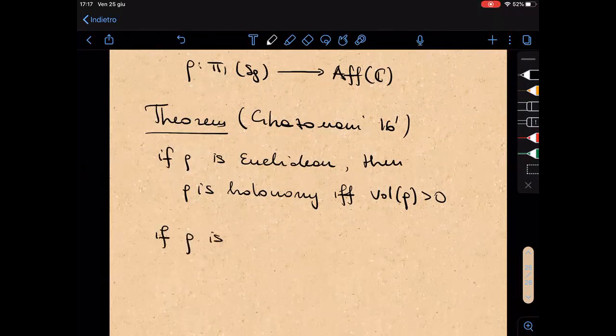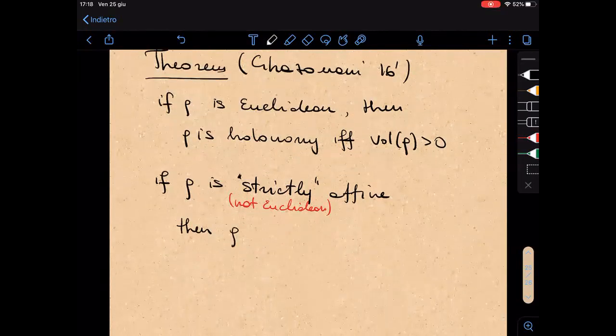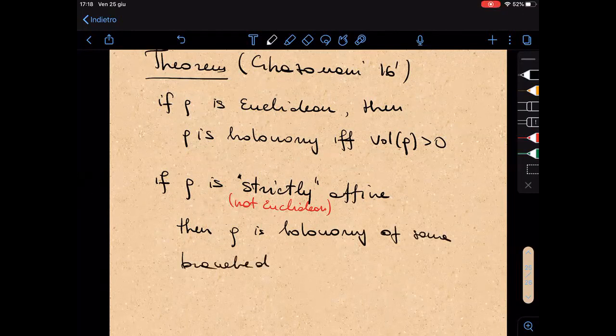If rho is, say, strictly affine, it means not Euclidean, then rho is holonomy of some branched affine structure. Branched means that we have some branch points. So there are branch points.